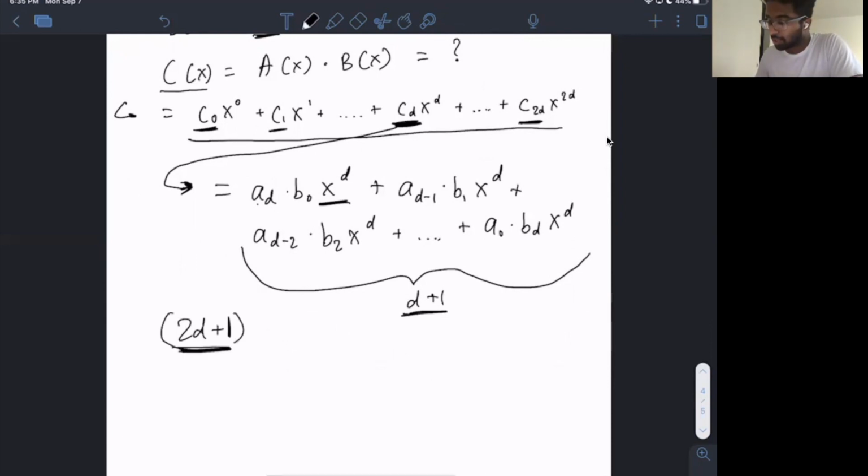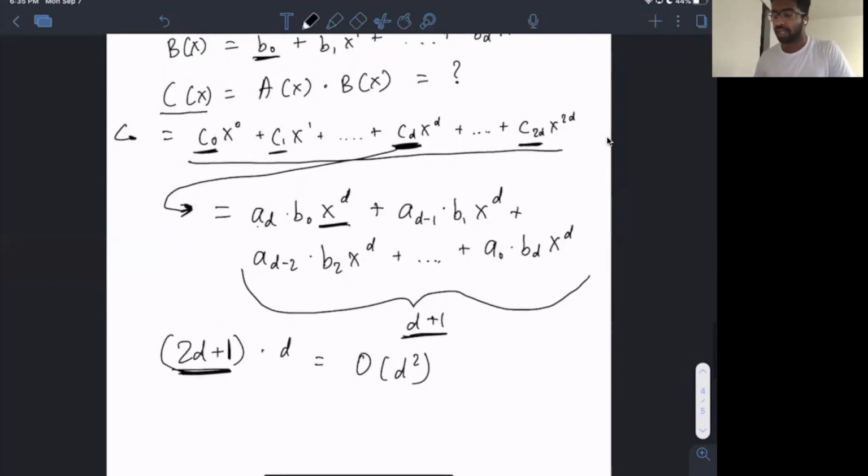If we multiply those, we get an algorithm that runs in O of D squared time. What this shows is that if we go the basic way, multiplying these polynomials by hand, matching different coefficients in A of X and B of X, we get a quadratic runtime algorithm.